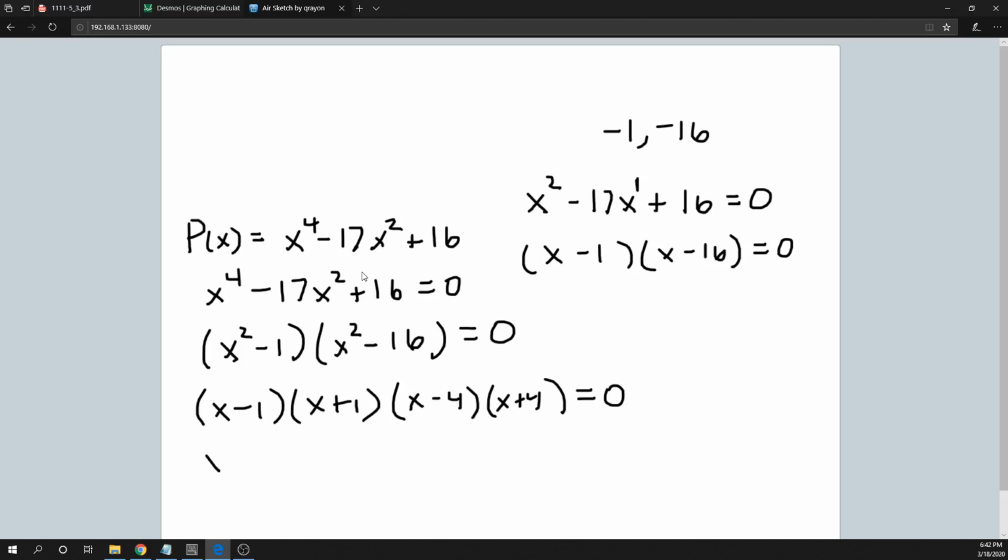So we would set each factor equal to 0 and then solve each of those.